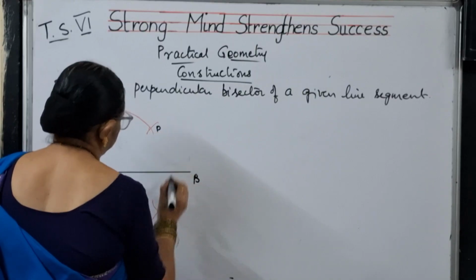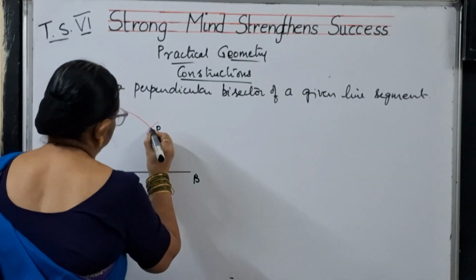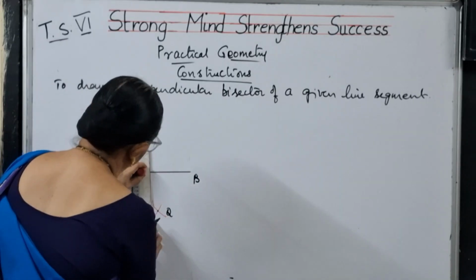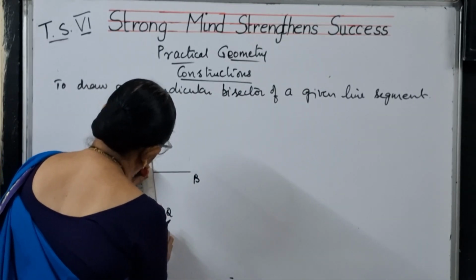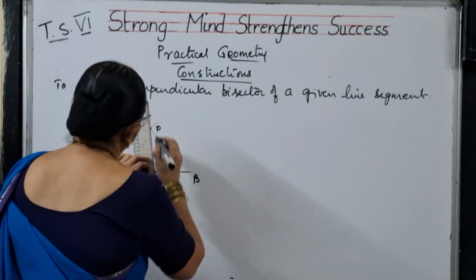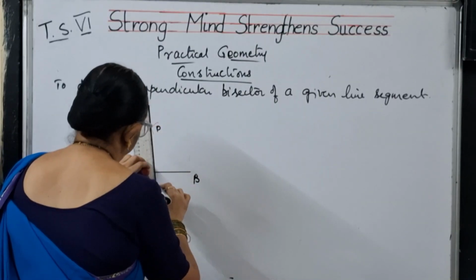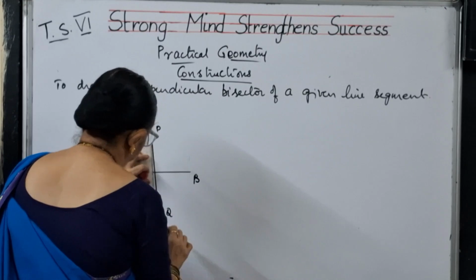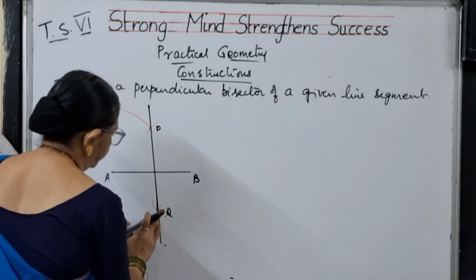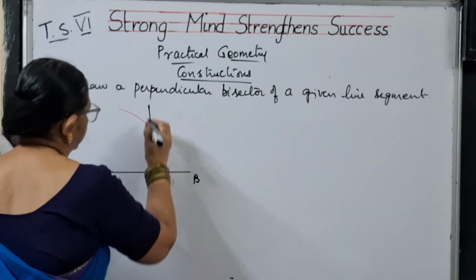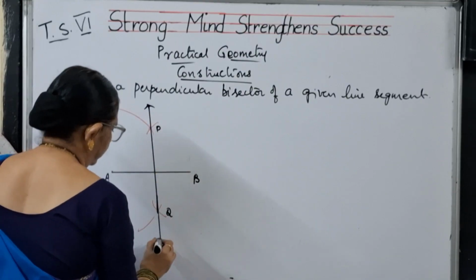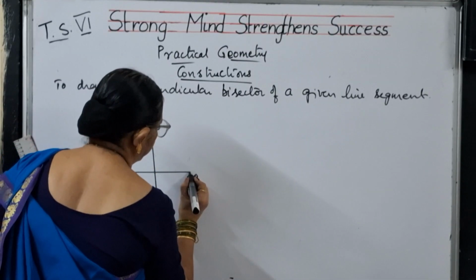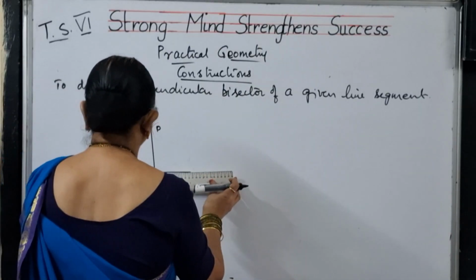Let me call these 2 points P and Q. This is P, this is Q. Now join PQ. So the line that you are getting will be perpendicular.